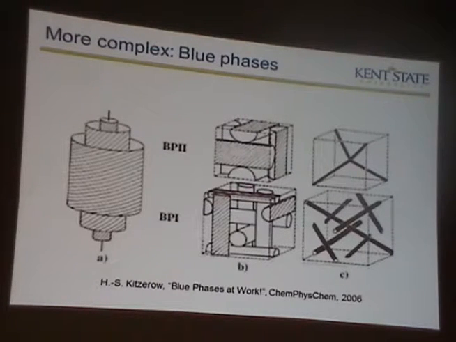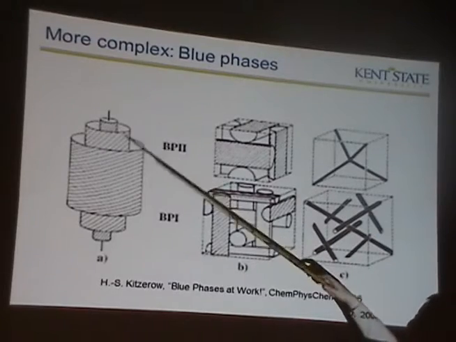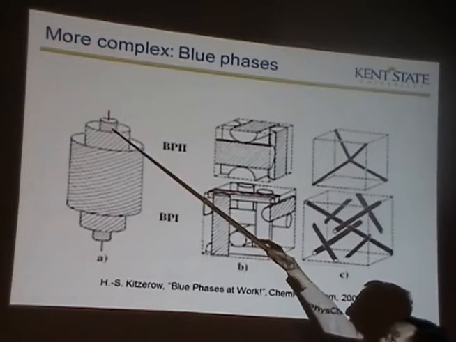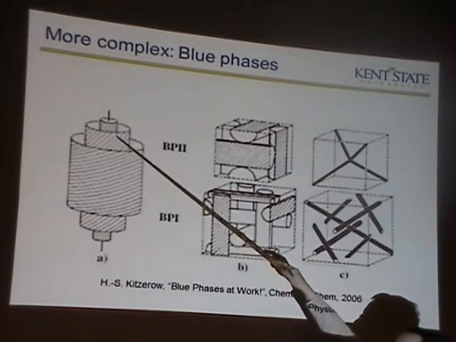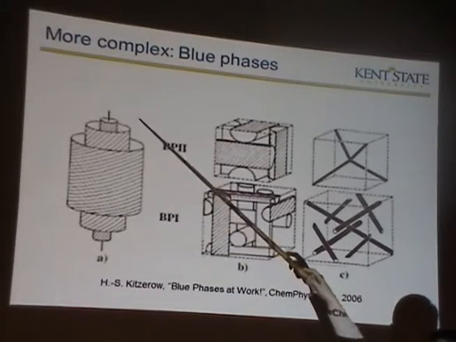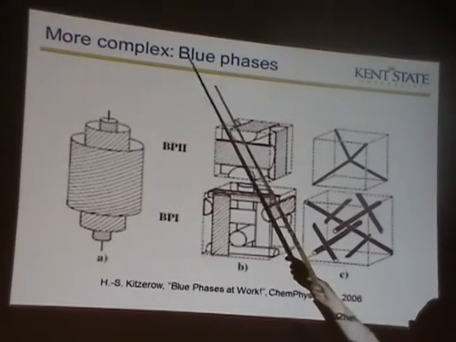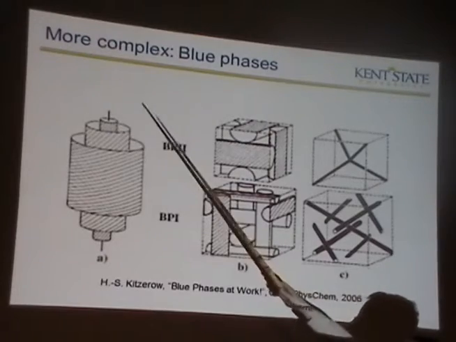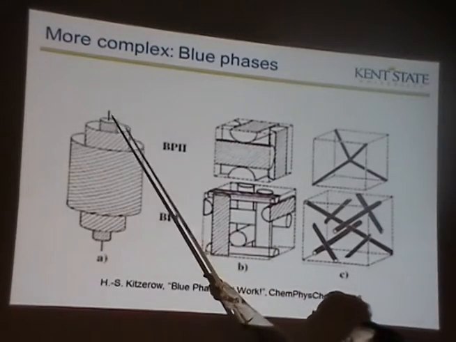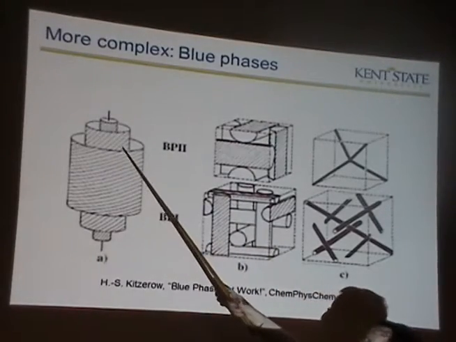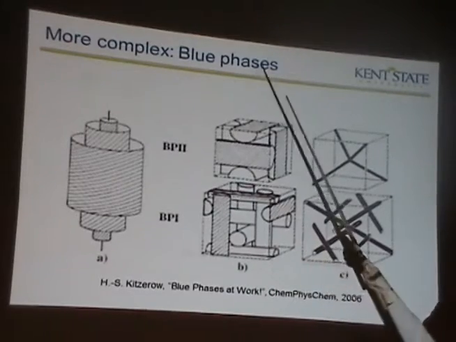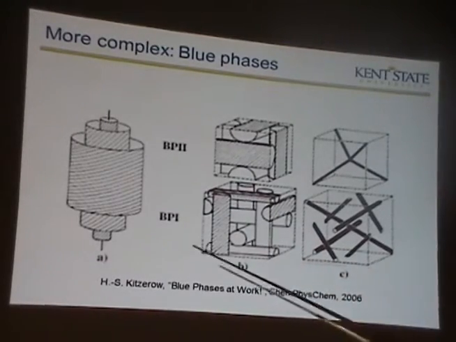These are very complex three-dimensional structures where there is a sort of biaxial double twist configuration concentrated in tubes. But the tubes cannot get arbitrarily big.